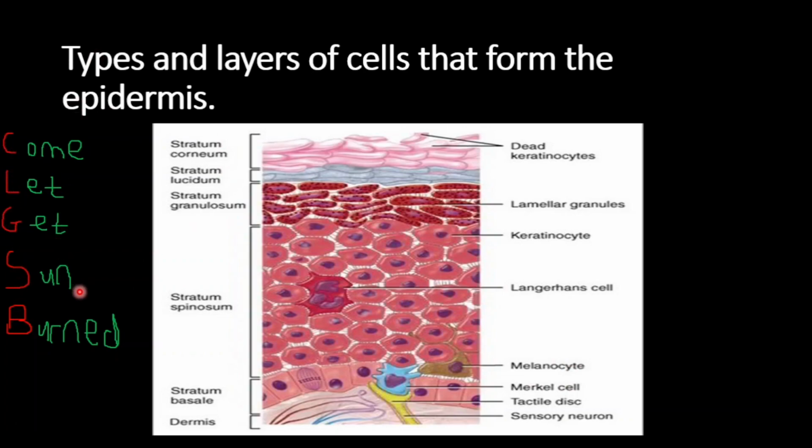Come, let's get some bond. Don't mind my handwriting, I wrote it. It's not part of the PDF, but C for corneum, L for lucidum, G for granulosum, S for spinosum, B for basale. So this is a mnemonic to remember the layers of the epidermis. Come, let's get some bond. So that is all we'll talk about in epidermis.